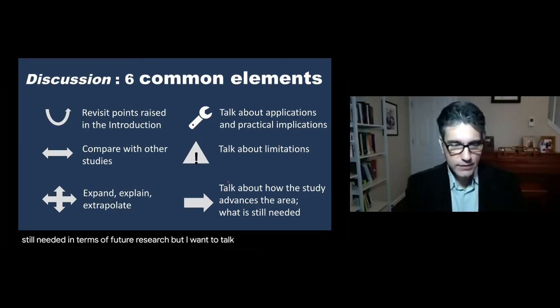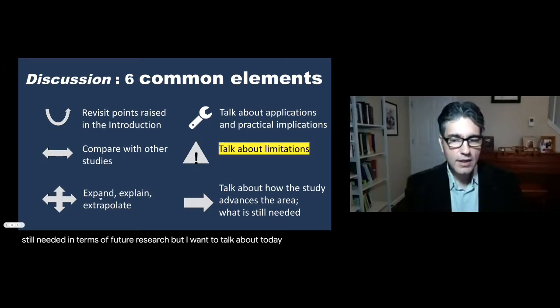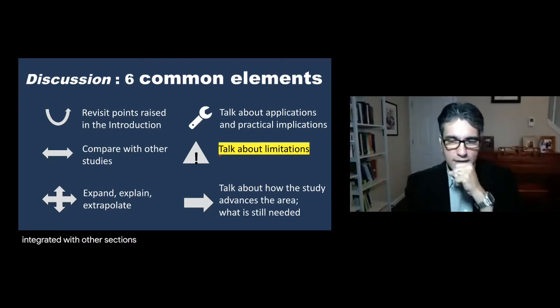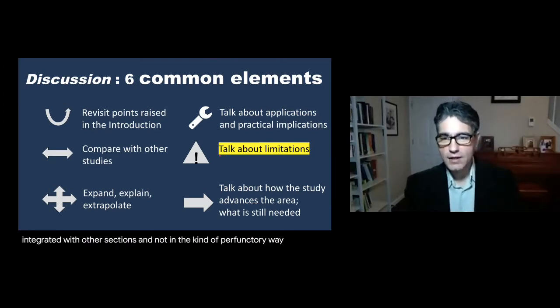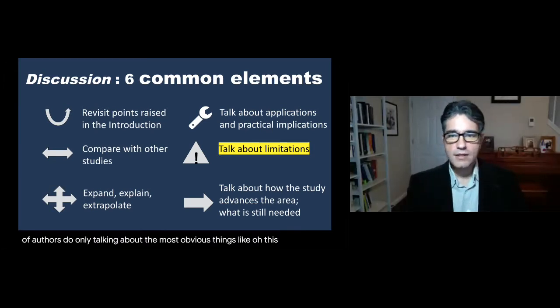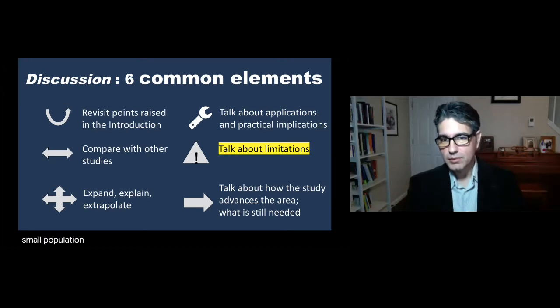But I want to talk about today how this is something that, first of all, should not be a separate section talked about in isolation, and in fact can be used strategically in conjunction with other sections, integrated with other sections, and not in the perfunctory way that a lot of authors do, only talking about the most obvious things like, oh, this study had a small population sample, or this study was conducted in Russia, so we can't say that it's generalizable to the entire universe.